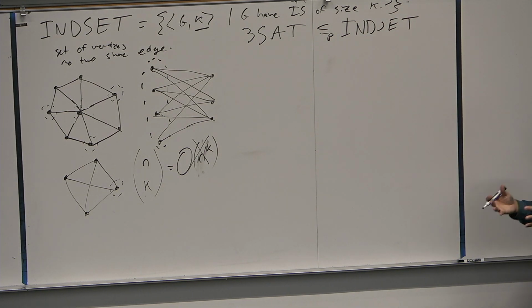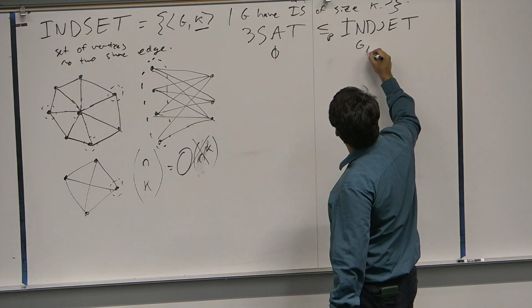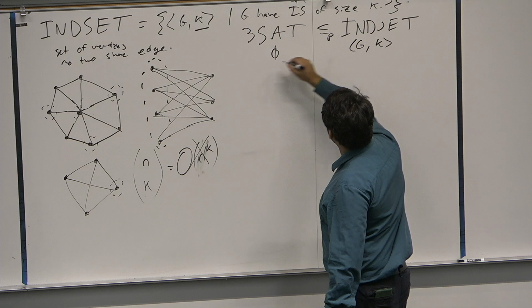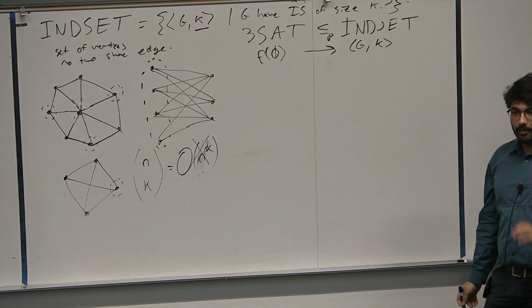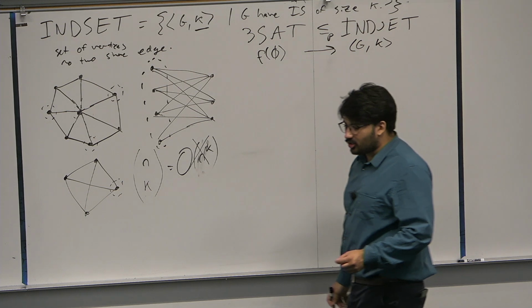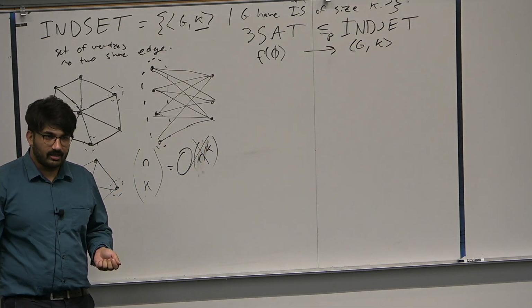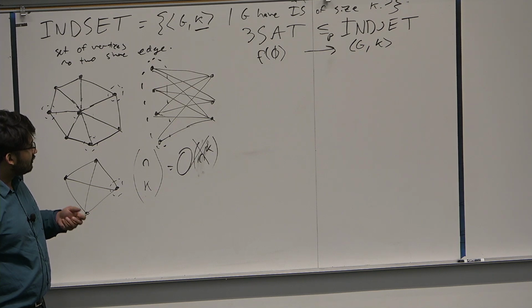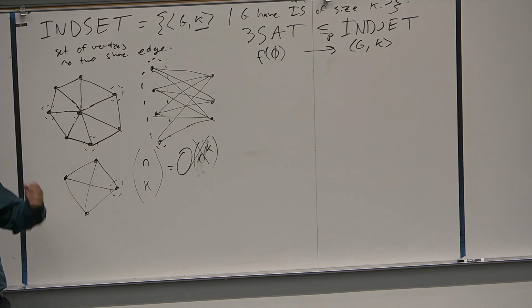Now we're taking a formula and we're outputting a pair of a graph and a number. And we seek to be able to perform this transformation in polynomial time. That means the translation must occur faster than the solving can occur, right? The reduction does not have access to the actual solution. It somehow has to preserve this correctness.